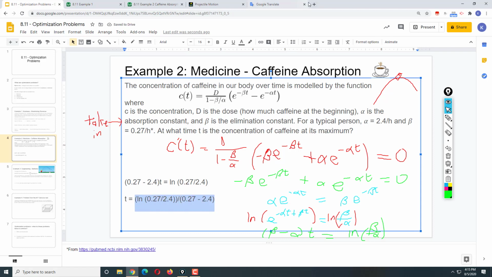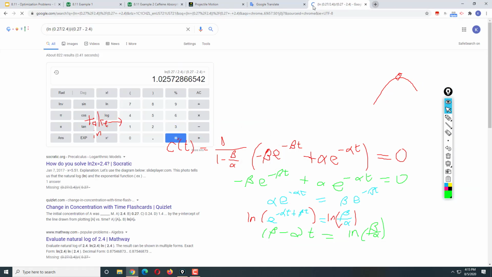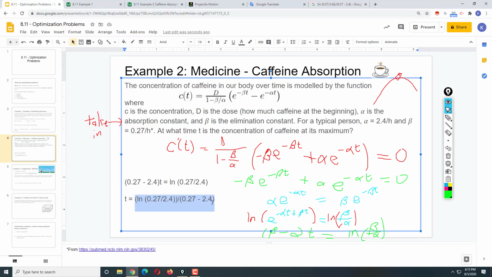Let's just copy and paste it in Google so that they'll calculate for us. And we get about 1.026. What does that mean? That means that caffeine is at its maximum in the body after about 1 hour. That makes sense. When you drink coffee, about 1 hour later, you feel the most awake.